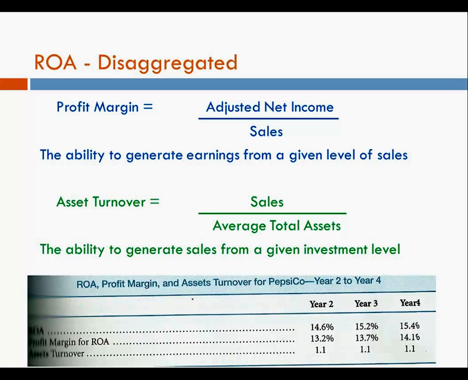Asset turnover is your ability to generate sales from your assets. And so if you multiply profit margin by asset turnover, sales would come out and it would be adjusted net income over average total assets, which takes you back to ROA. So this disaggregates ROA into 2 useful components, profit margin and asset turnover. And we'll talk about why they're useful in a moment.